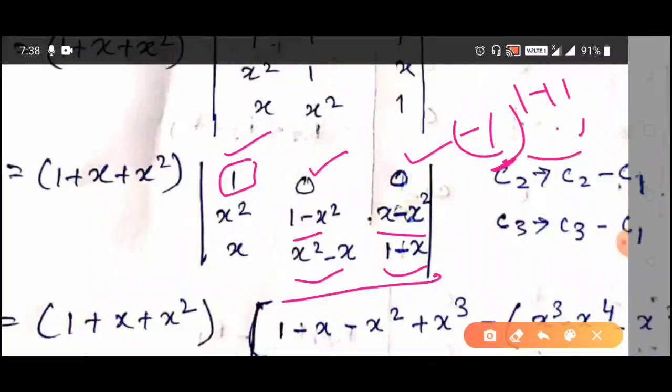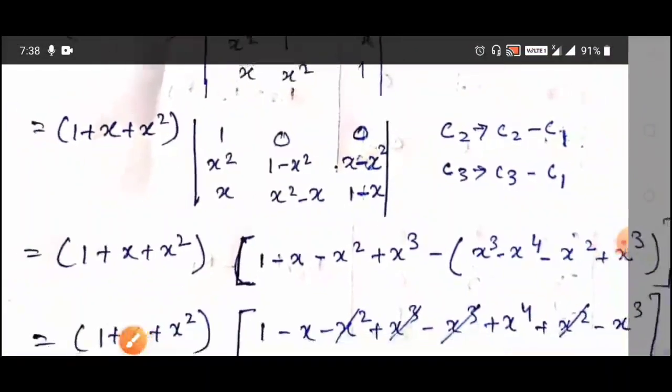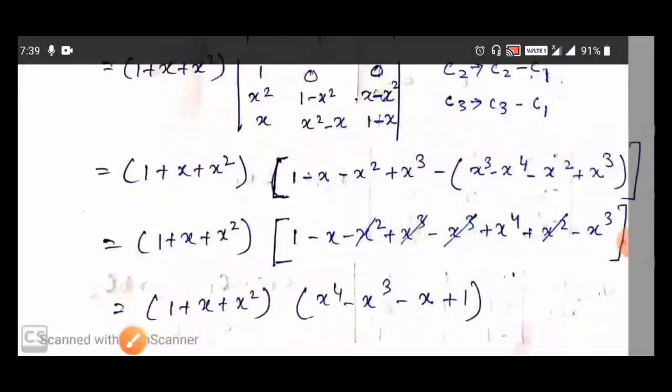So 1 into 1 plus 1. That is why we have not written here minus 1 to the power 1 plus 1 into 1 because it will be converted to 1 only. After that, eliminating this column and this row, we have to write multiplying these two minus multiplying these two. So after multiplying we get it like this.